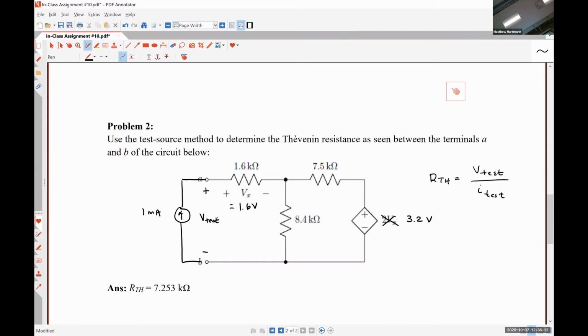So how would you all consider we should approach determining that voltage? Anybody got any ideas? So the suggestion here is to use source transformation techniques to make it a single loop circuit.